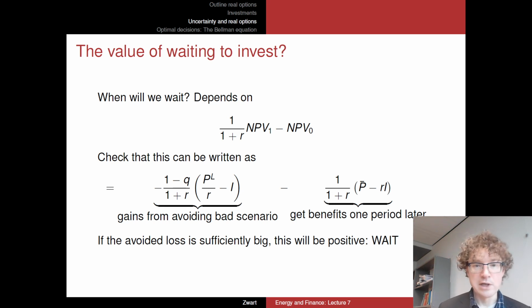So if this avoided loss, this first part, is sufficiently big, then the benefit of waiting is going to be positive. So the optimal decision here should be, let's wait until we see whether we're in the high or the low scenario, and only then let's make this investment.